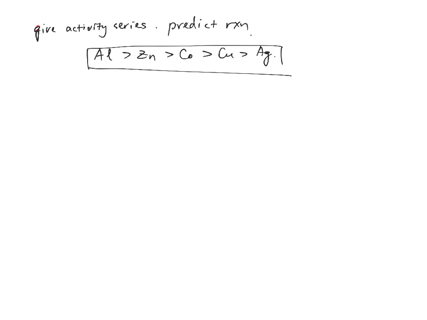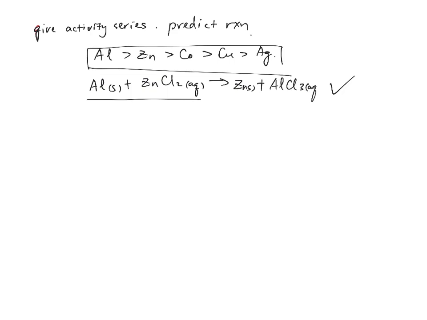Then I could ask you, does this chemical reaction happen? Would you have a single replacement reaction between aluminum metal and a zinc salt? The answer is absolutely. You're going to end up with zinc metal and an aluminum salt. This reaction will happen.